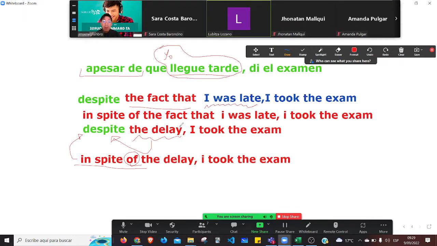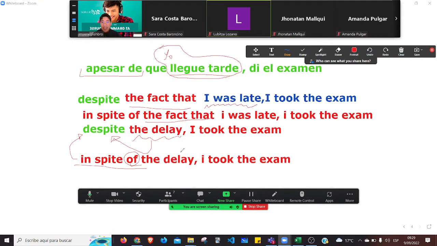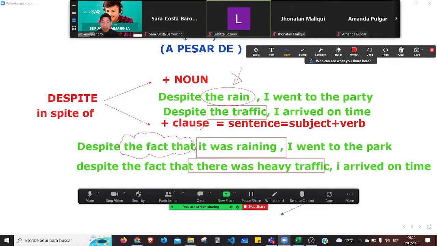In both sentences. Okay? In both. In spite of the fact that and despite the fact that. If you don't write the fact that, your sentence is incorrect. So what do you think about that? Is that easy for you? You got it? Because there is one more and then we continue with exercises.